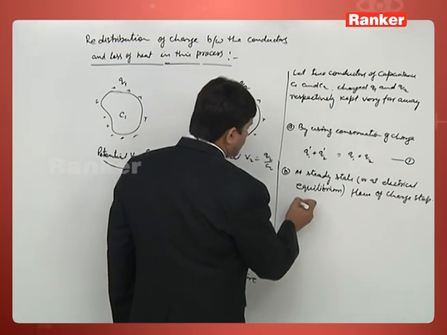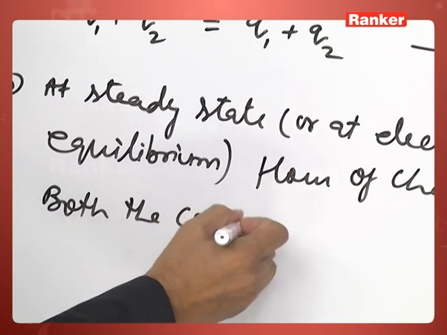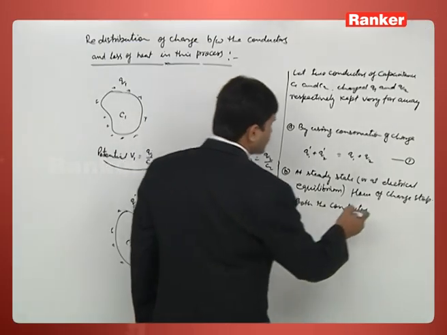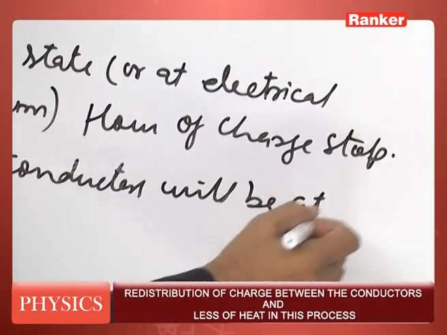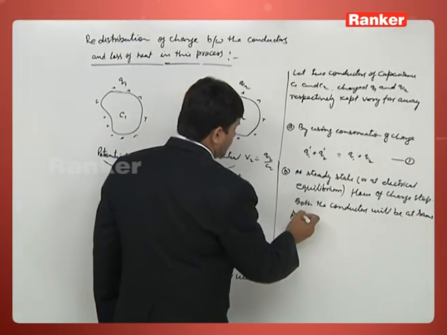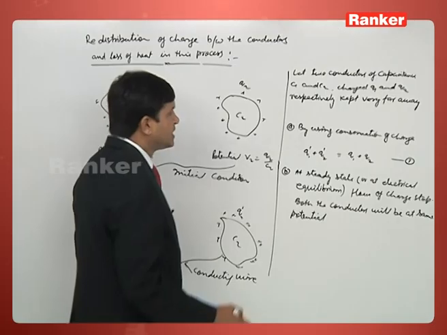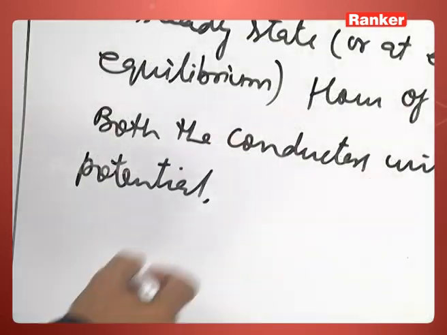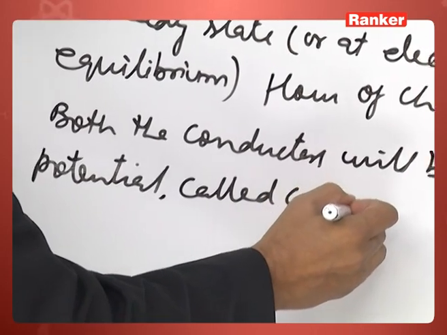So both the conductors will be at the same potential. That is called the common potential.